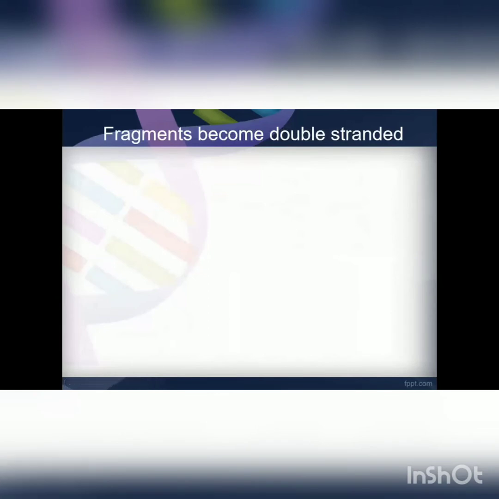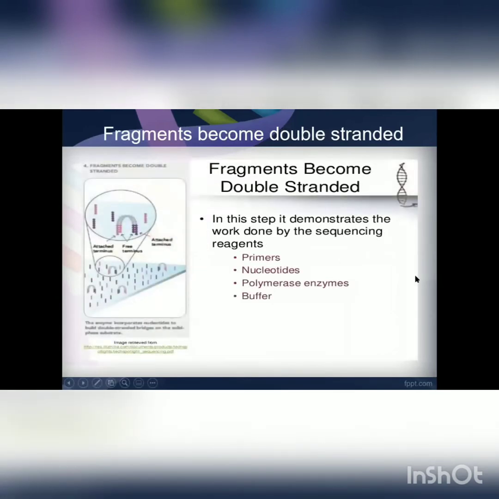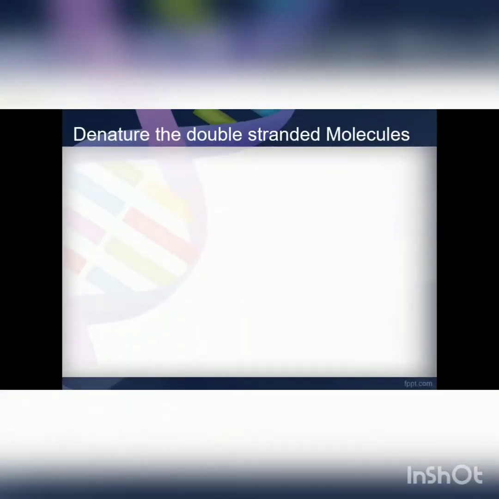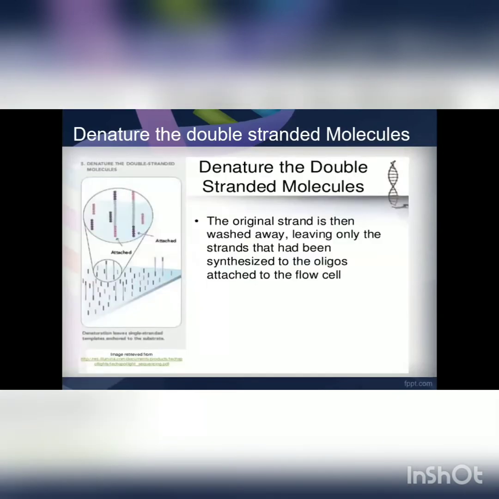The next step is the fragments become double-stranded. In this step, you would add the primers, nucleotides, the polymerase enzyme, and the buffers to the flow cell. And this would result in formation of the double-stranded DNA. Now coming to the next step, which is denaturation of the double-stranded molecules. The original strand is washed away, leaving behind only the strands that were synthesized to the oligos and attached to the flow cell.